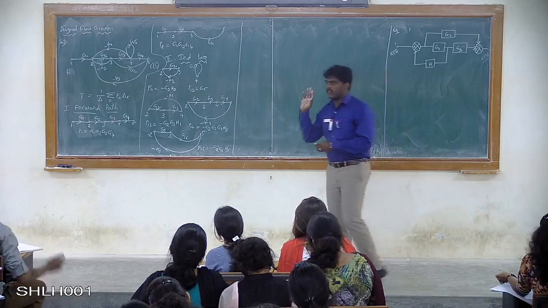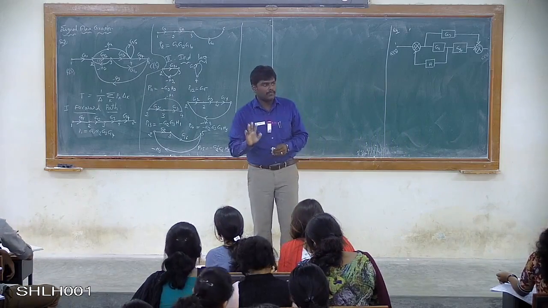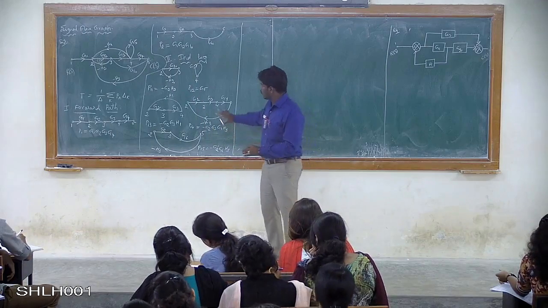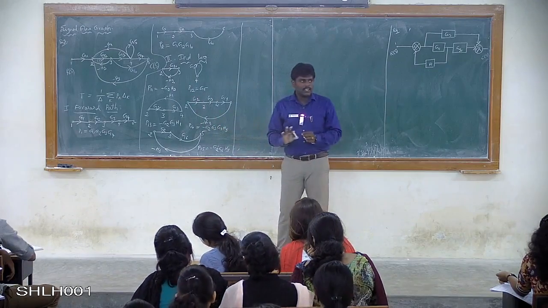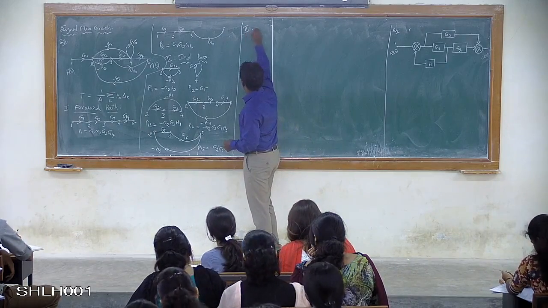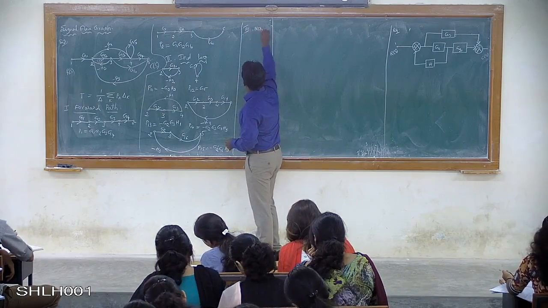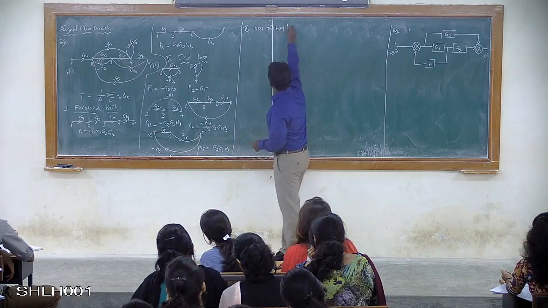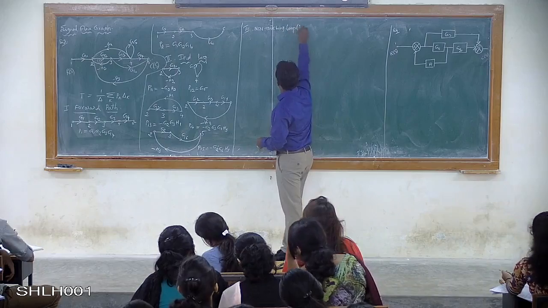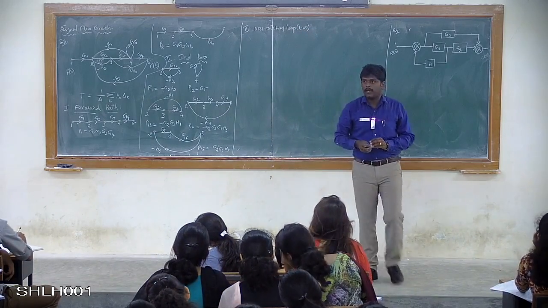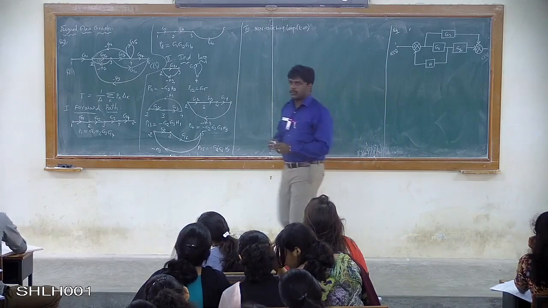So we were able to find a maximum of 5 individual loops in the given signal flow graph, right? So if we have stopped with finding the individual loops, what is the next step? We will have to go for finding non-touching loops. We will have to find two non-touching loops among the identified individual loops, right?